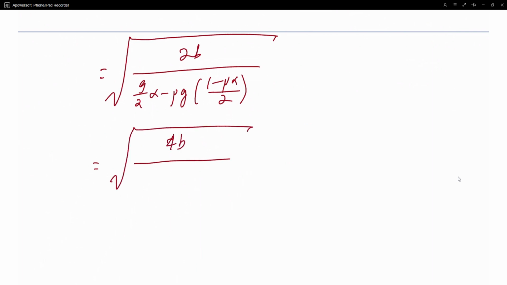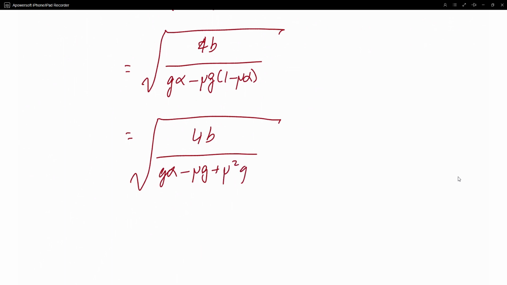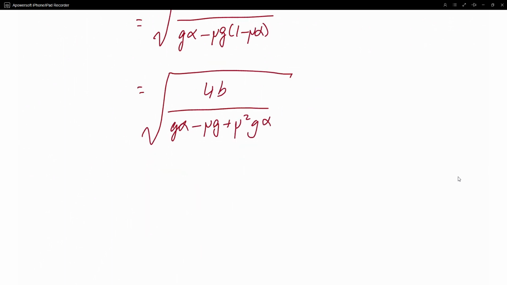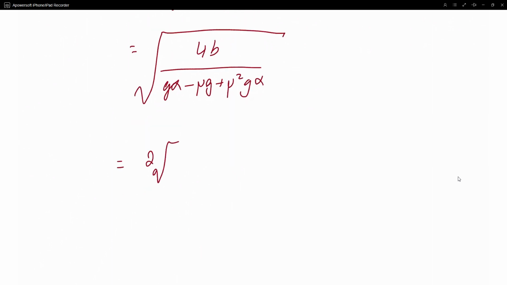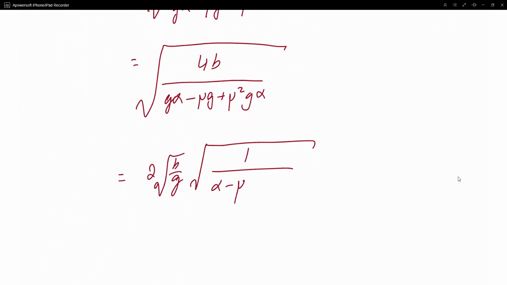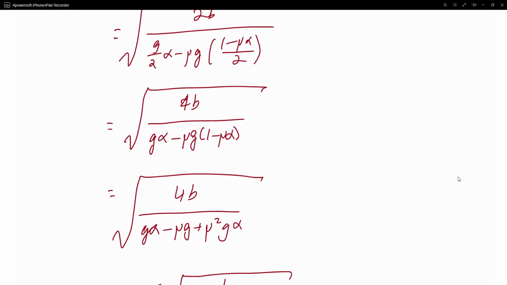This becomes 4b, multiply everything by 2. This is 2 root b over g root 1 over alpha minus mu plus mu squared alpha, right?